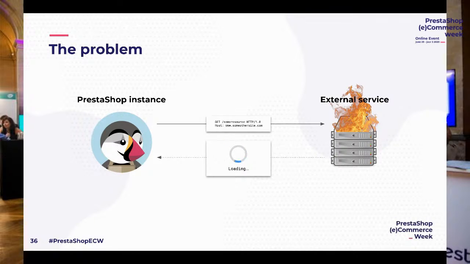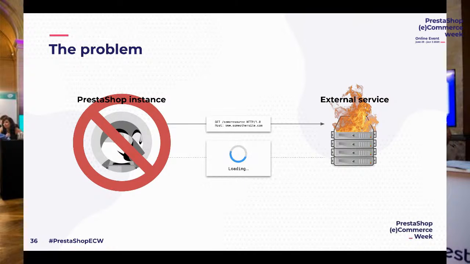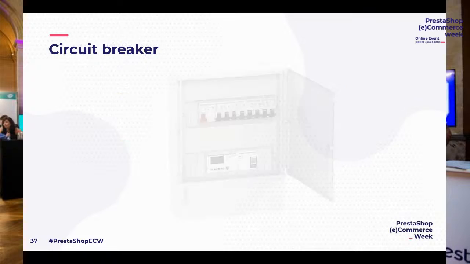And if it takes enough time, then the PrestaShop instance dies out of timeout. And this is something that has unfortunately happened in the past, and we would like to do something so that it stops happening and that the software is resilient regarding external services.